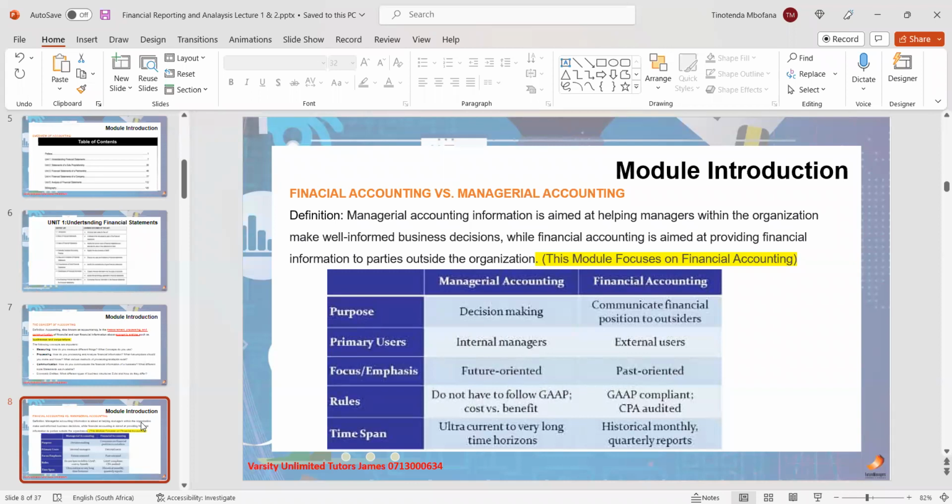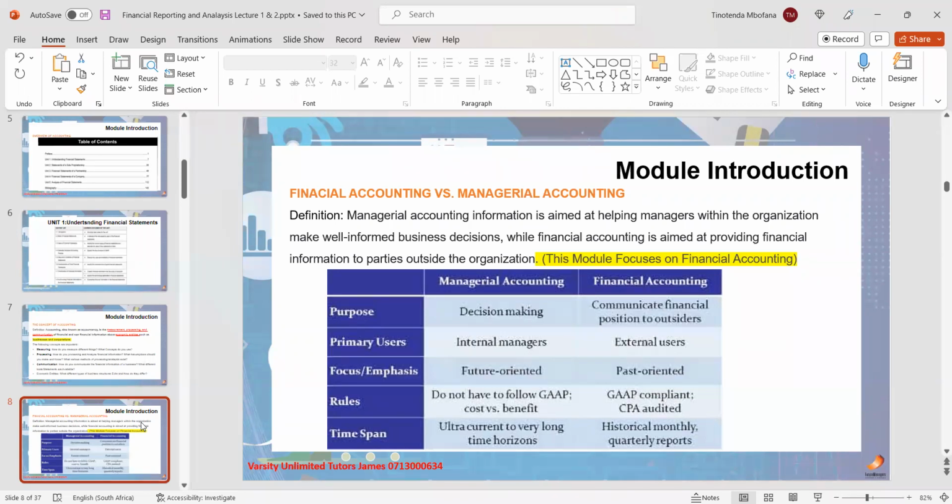They are going to take that information and then analyze it, right? So financial reporting and analysis is going to focus on the things of the past. Why is it focusing on the past? Because in a report, you are looking at information about things that have already happened. You're saying that the company operated last year, and these were the reports from last year, right? So your focus is on the past.